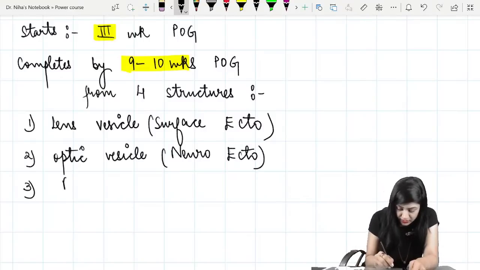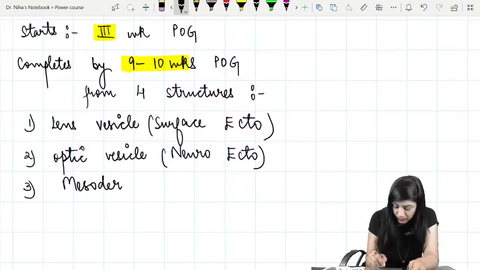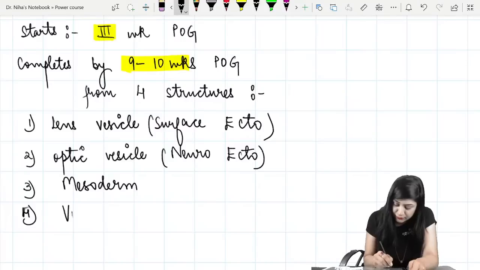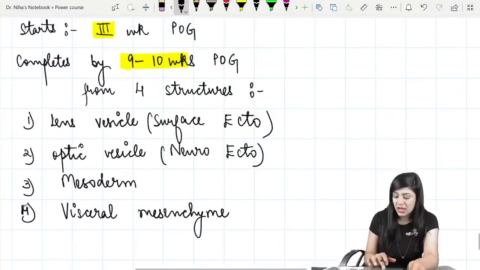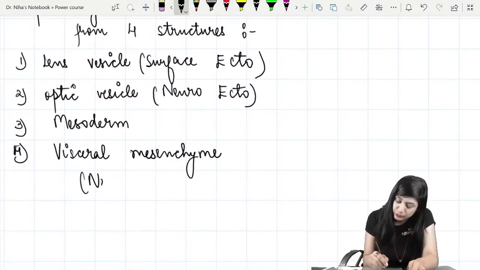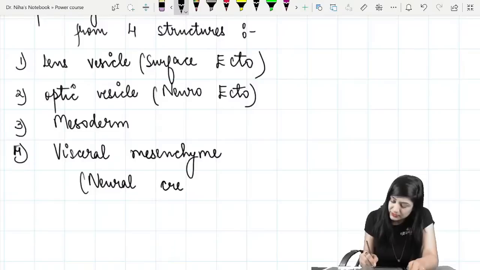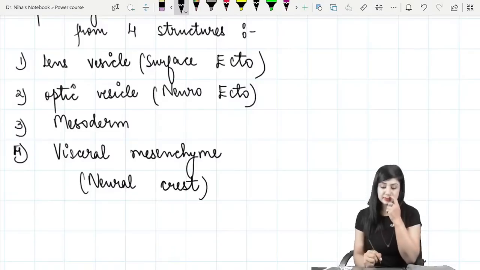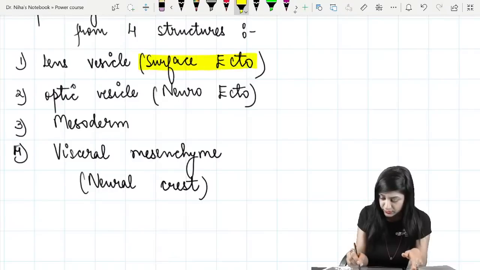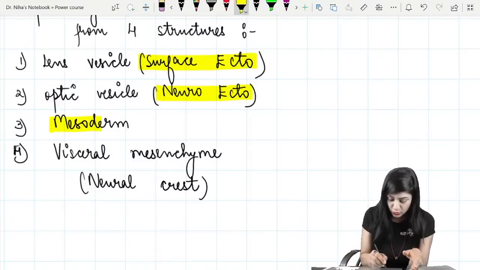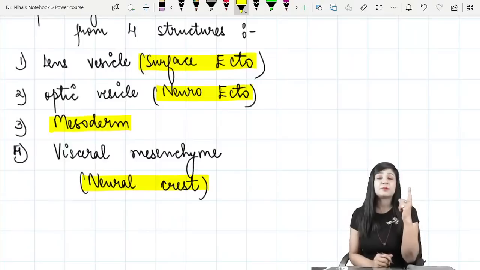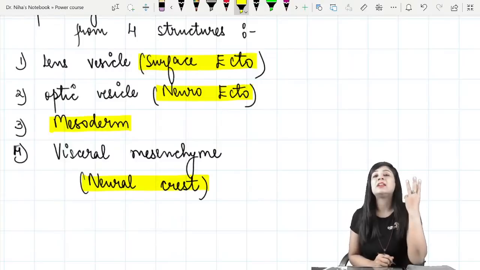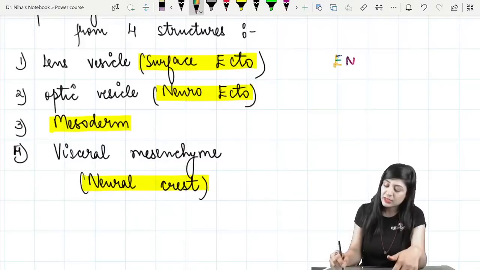Then number 3 is the mesoderm. And number 4 is the visceral mesenchyme, and this mesenchyme is coming from neural crest. So we have surface ectoderm, neuroectoderm, mesoderm and neural crest. So it is coming from ectoderm, mesoderm and neural crest, not from the endoderm.